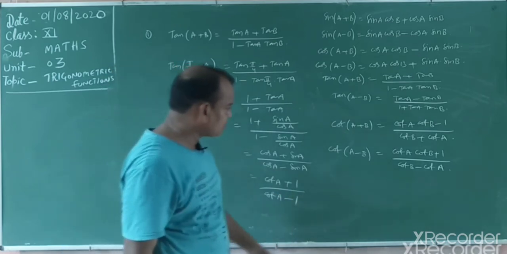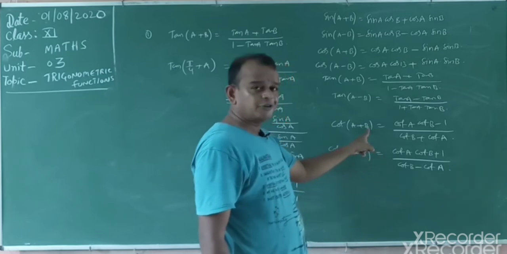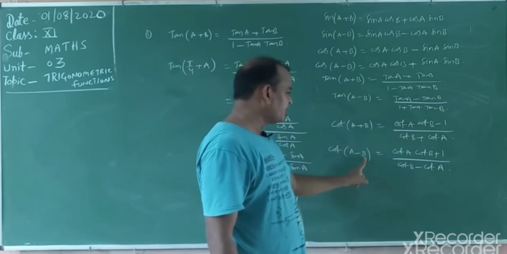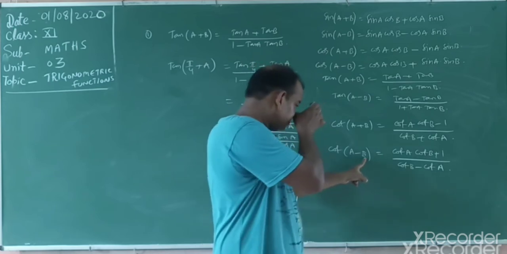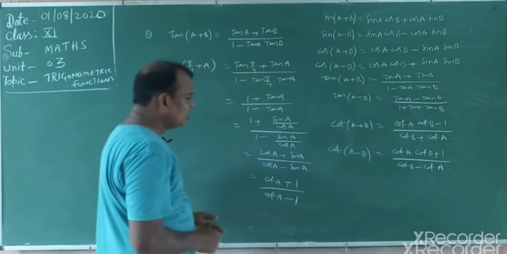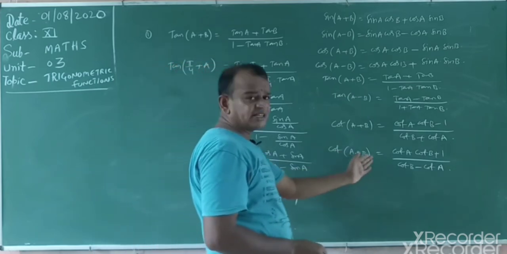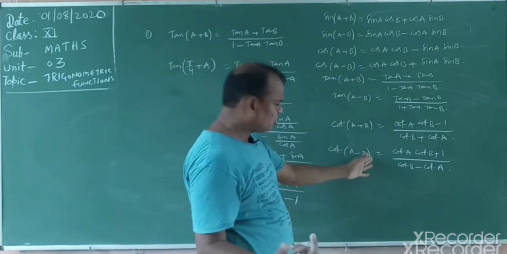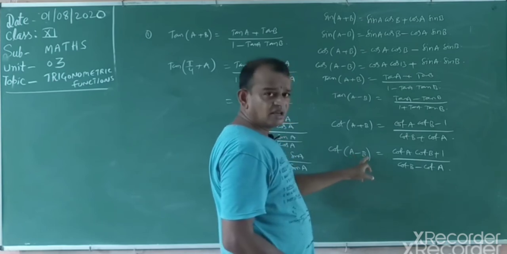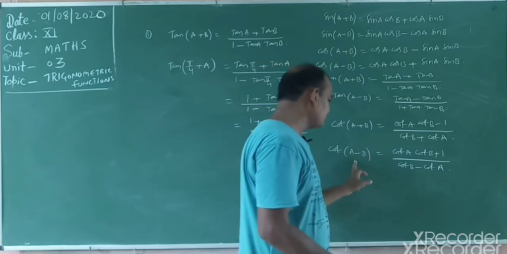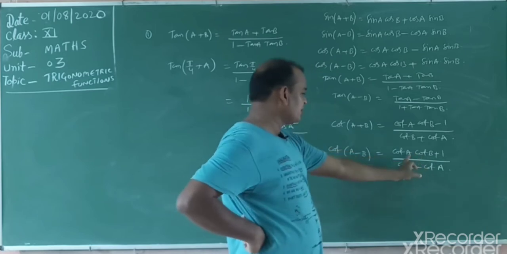For suppose in this one, observe that instead of B, you write pi by 4. Cot of pi by 4 minus A. Okay, no problem at all. Pi by 4 minus A. This is pi by 4, this is A. A value is pi by 4.